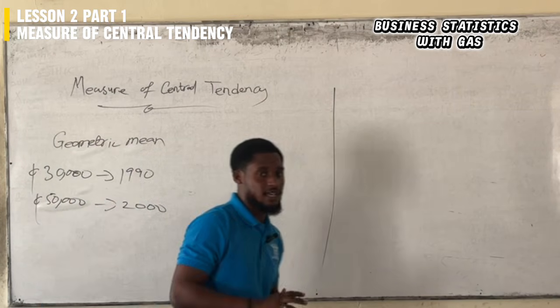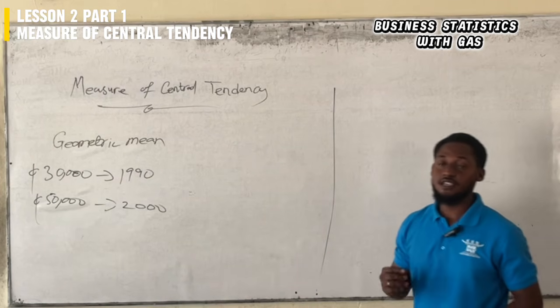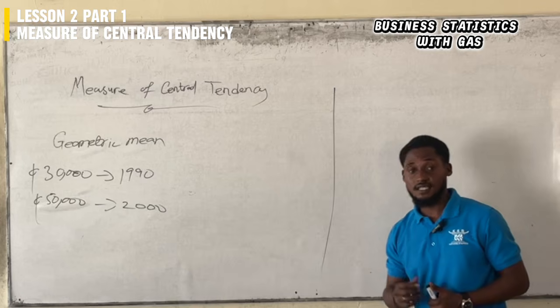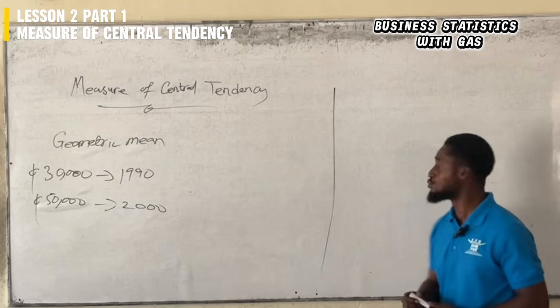So when you are given such a question, you are going to apply geometric mean. And in application of this geometric mean, the formula changes. This is the formula you are going to use when such questions are being given to you.